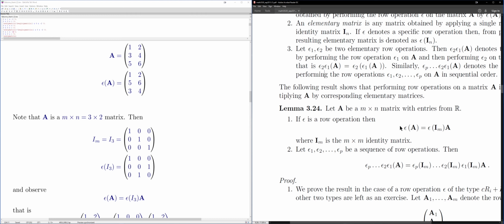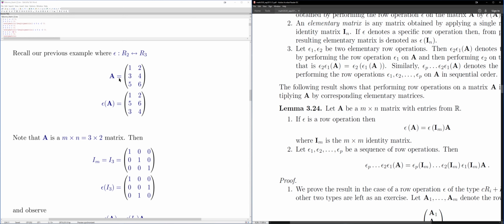Okay, so what is this left-hand side over here? This left-hand side is what we just saw. I have some matrix A, and I'm going to apply a row operation to it to get a new matrix. So an example of that is I have this matrix A, which is this 3 by 2 matrix, and the row operation is switching row 2 and row 3.